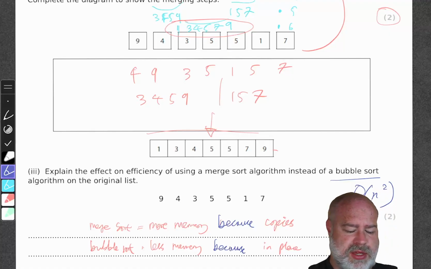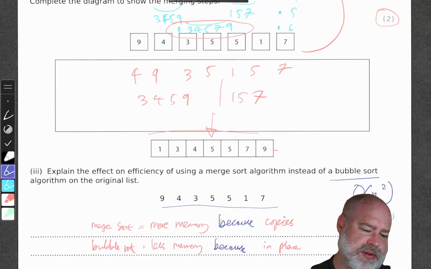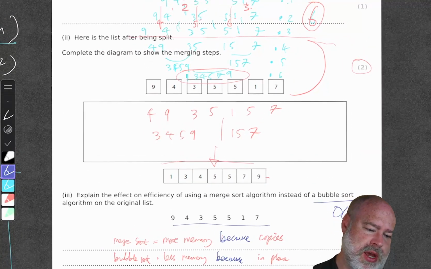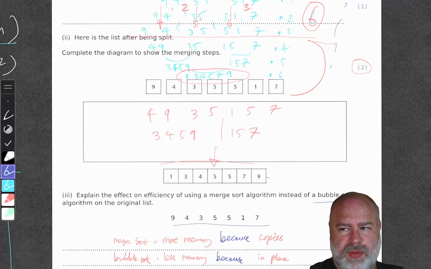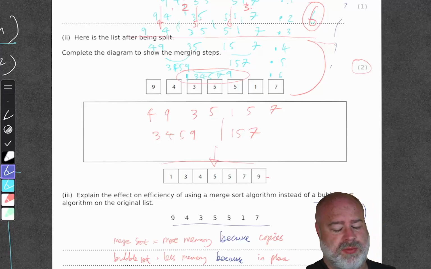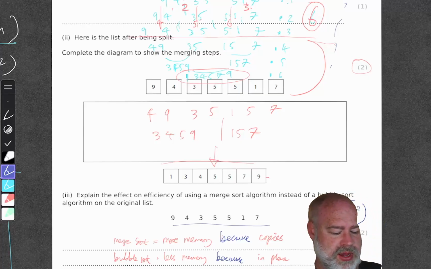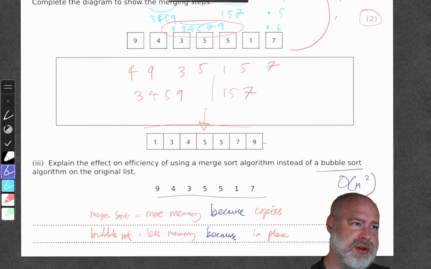But because it's such a small array, you could argue, and I think this is what they're alluding to, that because merge sort has to copy itself so many times in memory and all these different steps, it might be inefficient and use more memory than bubble sort. But yeah, pretty irritating question, to be honest with you.